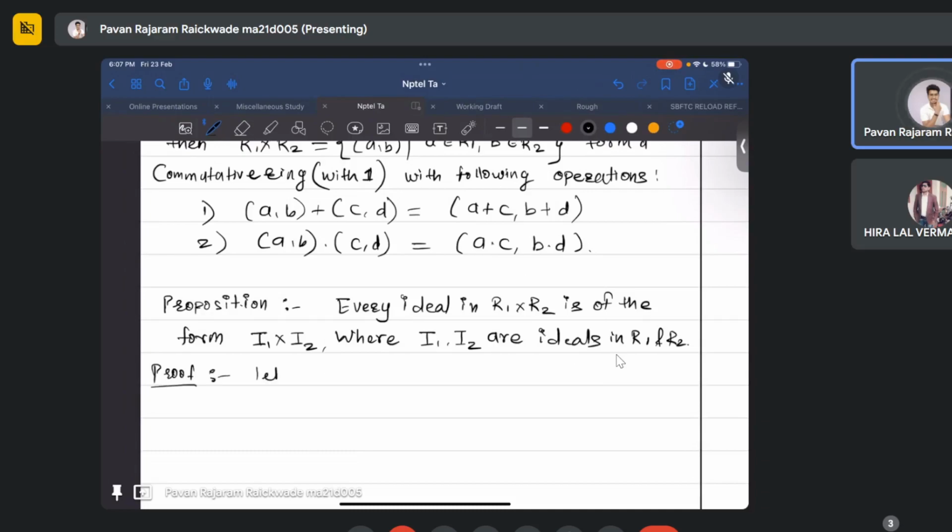Let I, a subset of R1 cross R2, be an ideal.